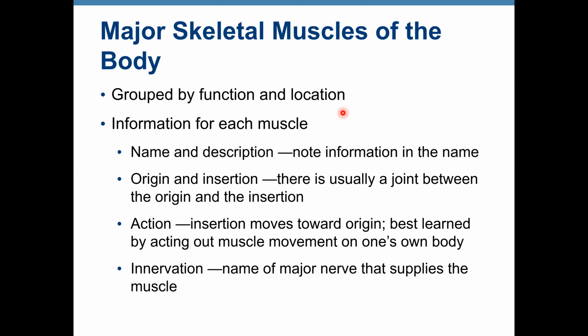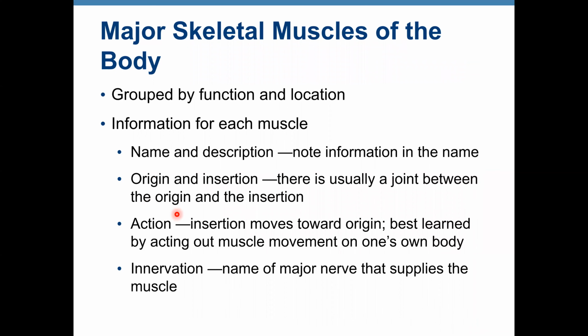So what do we need to know about muscles when we study them? Obviously, we need to know the name of the muscle and a description of the muscle. The description can be some information in the name, like longus, brevis, oblique. We need to know origin and insertion. Usually we have a joint in between, and we always pull the insertion towards the origin.